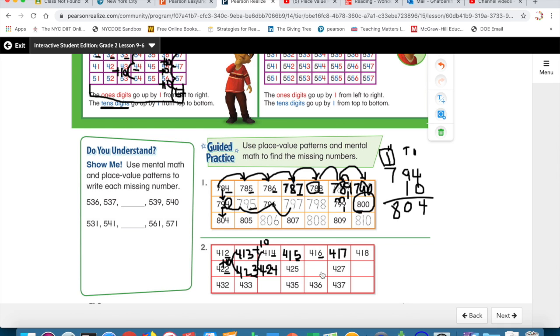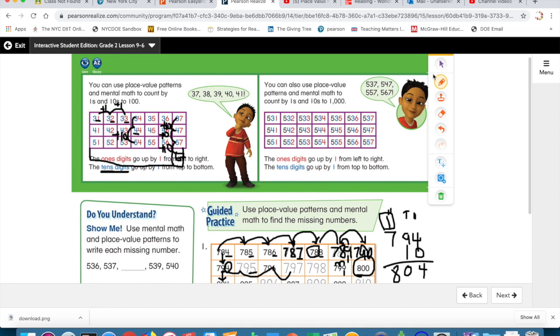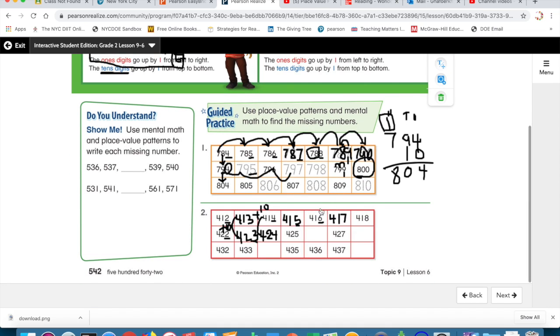So let's do this one. 425. I want to go to the right. Instead of going to the bottom, I want to go to the right. So what comes after 425? Right, 426. And then what comes next after that? 427, and after that, 428.